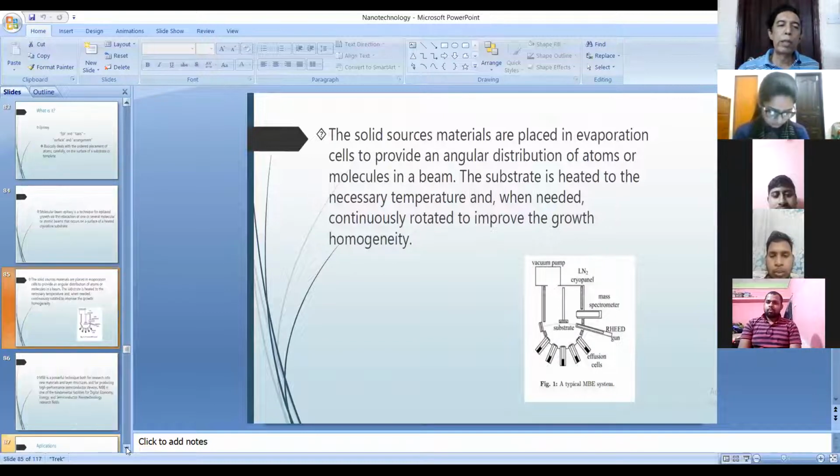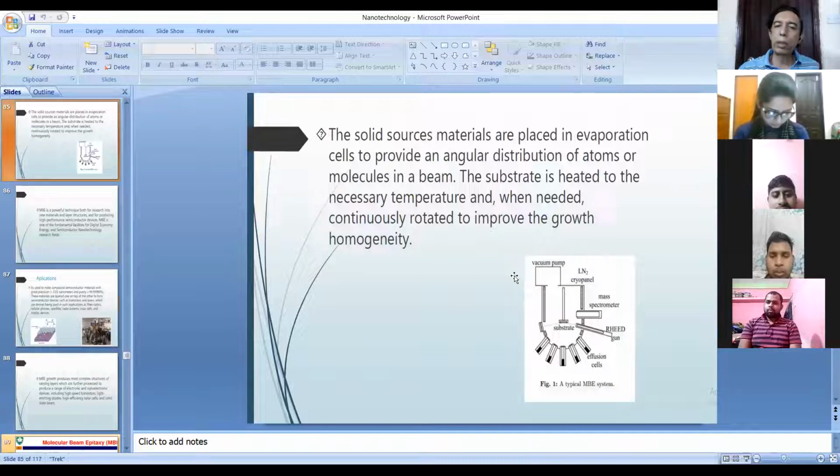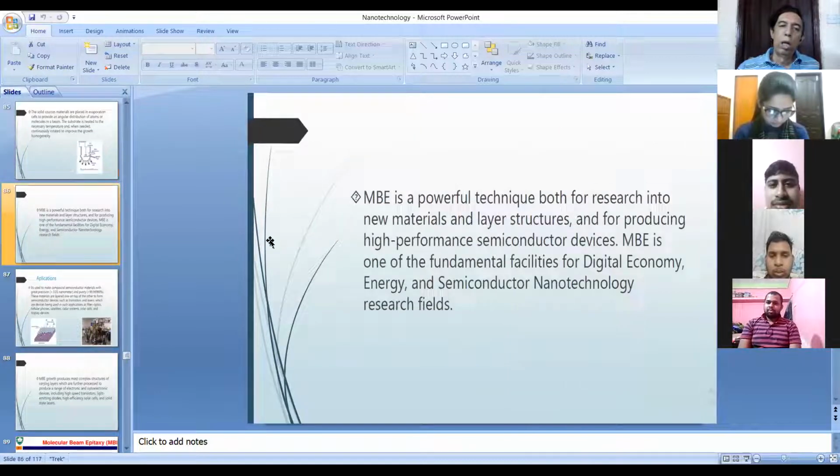Now, this is the simple theory of molecular beam epitaxy. Molecular beam epitaxy is a powerful technique for research into new materials and layer structure, and for producing high-performing semiconductor devices.